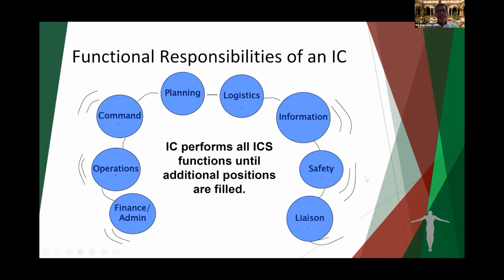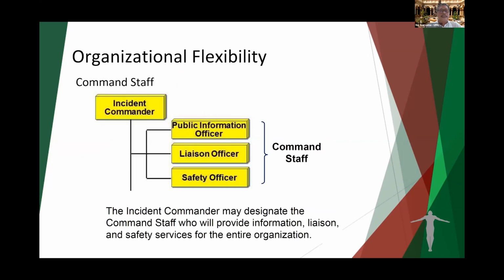However, as the incident progresses and it becomes more complex, the incident commander may call on different persons to perform these different responsibilities. Staff who will provide information, liaison, and safety service are organized by the situation.